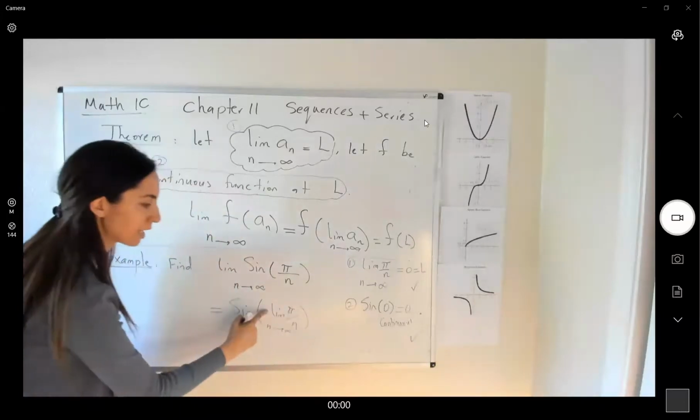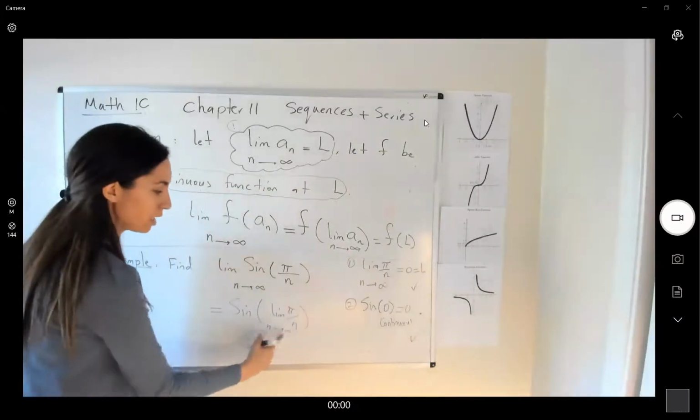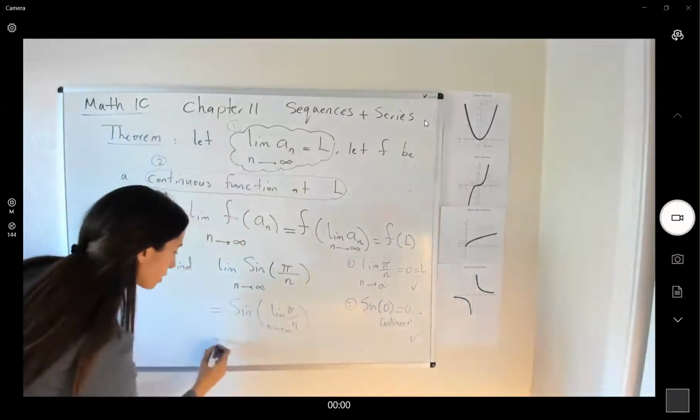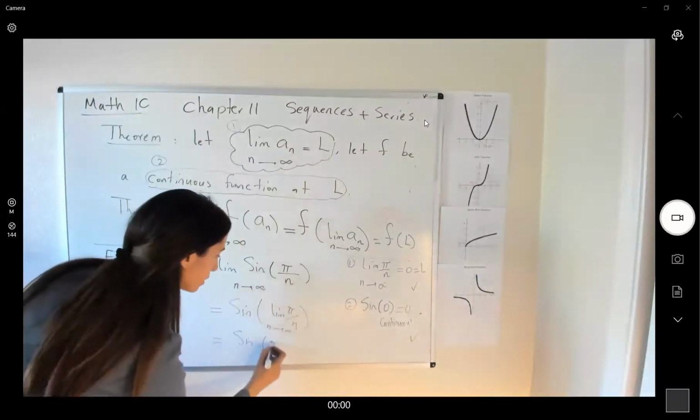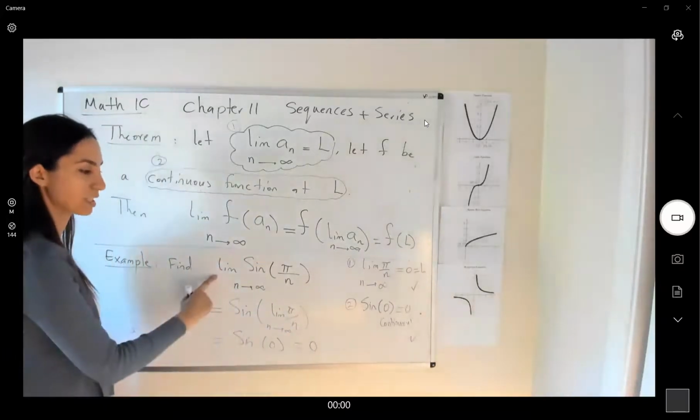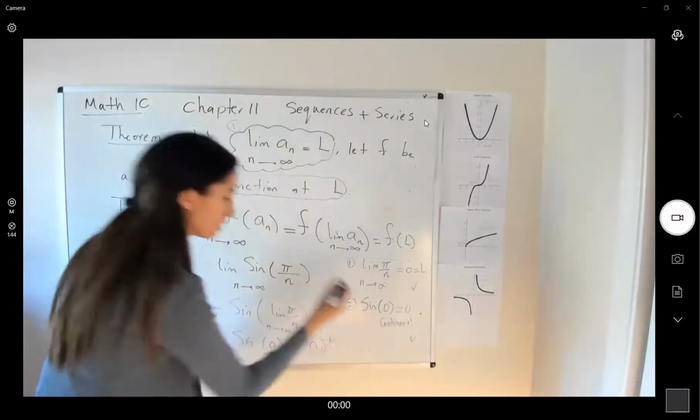And since we know that the limit of pi over n while n goes to infinity is equal to 0, this is equal to the sine of 0, and we know that sine of 0 is equal to 0, so this limit is equal to 0.